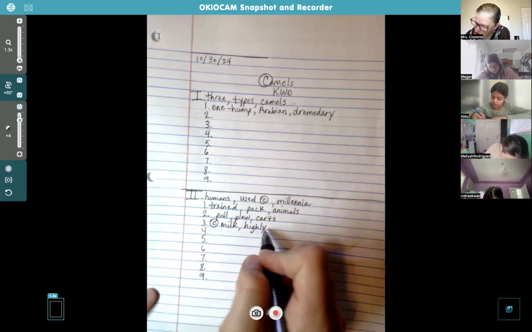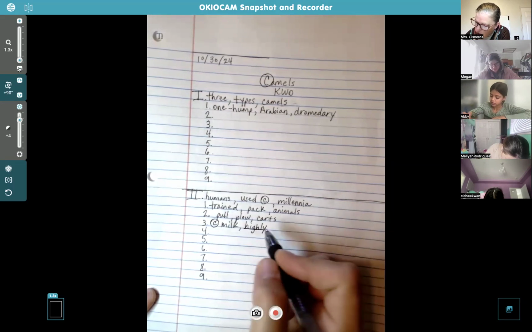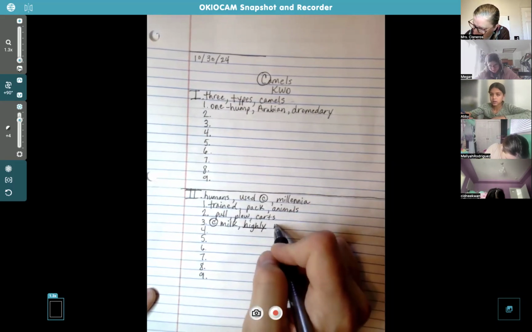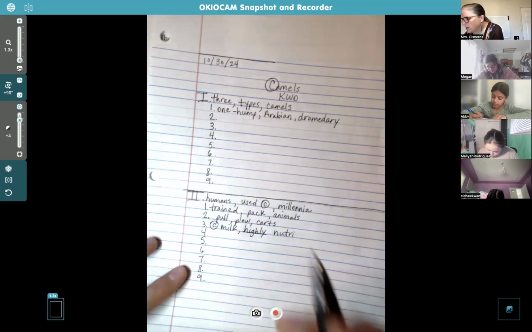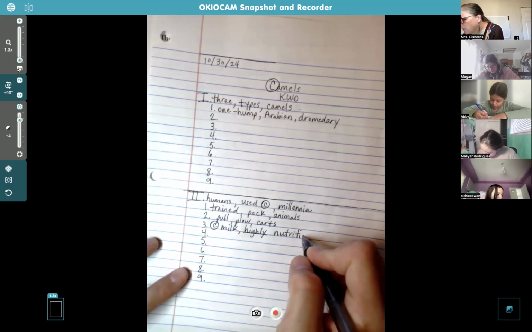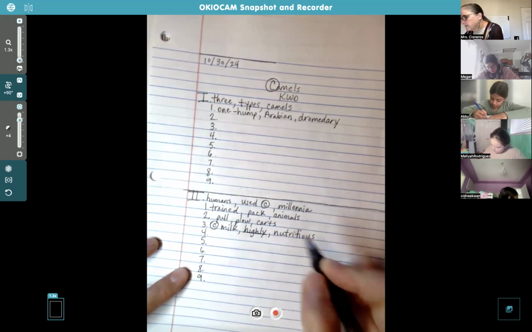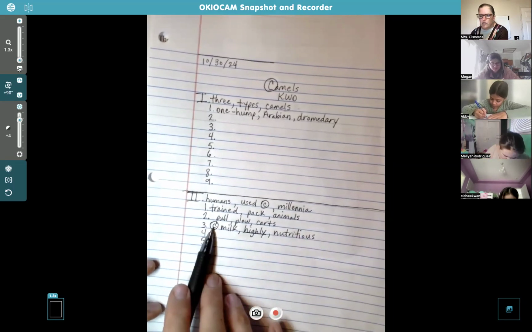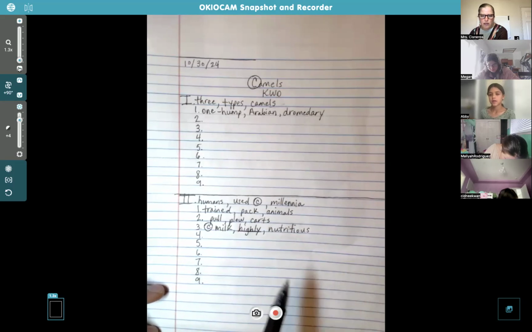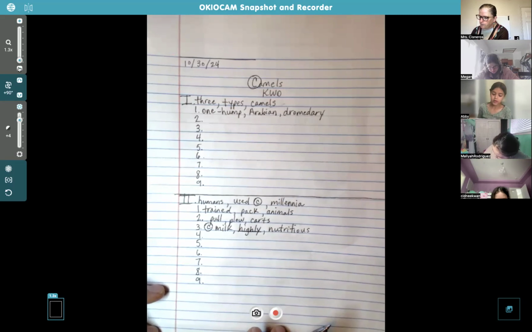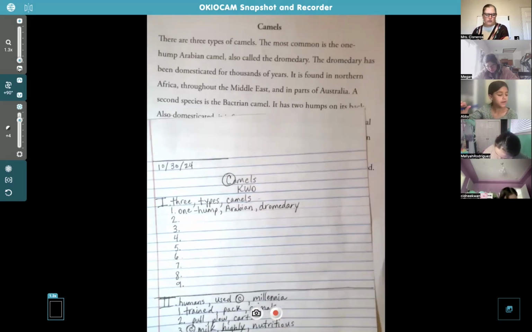I'm going to underline that so I can remember to underline that later too. And then nutritious. Is it T-I-O-U-S? So we got C, milk, highly. We underlined it so we can remember to do that later too. And then nutritious. Good.